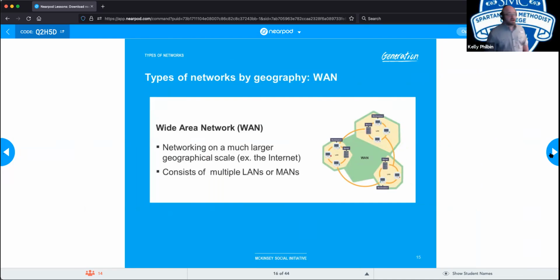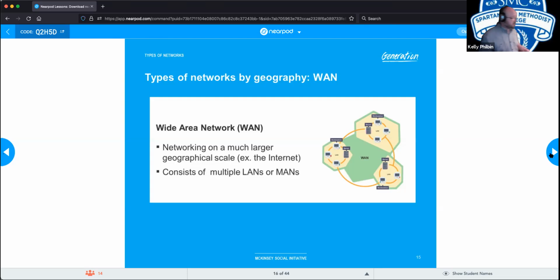If your company is operating in Florida, the Carolinas, the Midwest, and also in California, and you're connecting all these networks together, that would be a WAN, or Wide Area Network.